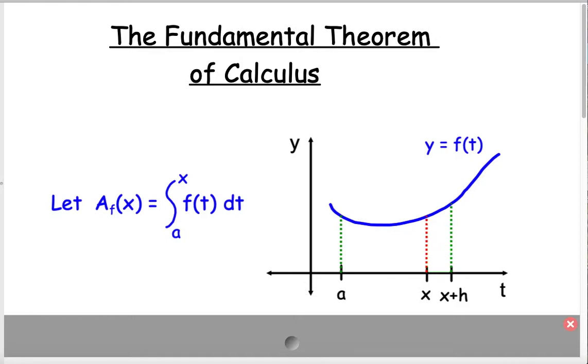So let me get an arrow, point to some stuff. The integral of f of t dt from a to x is going to represent the area under this curve above the x-axis between t equals a and t equals x.